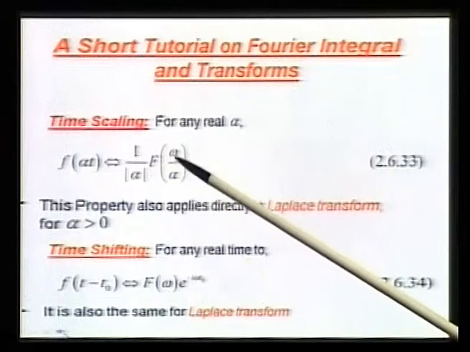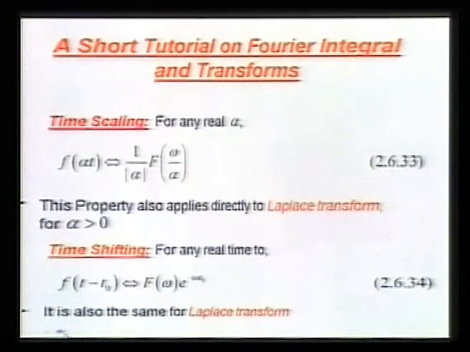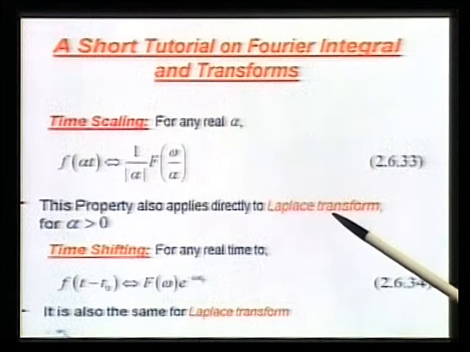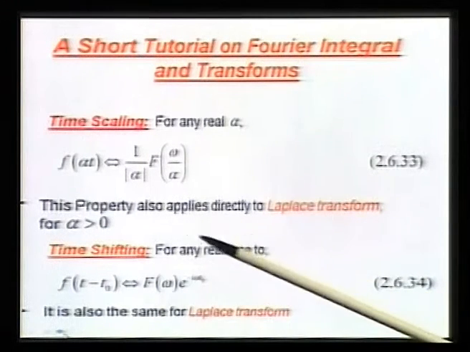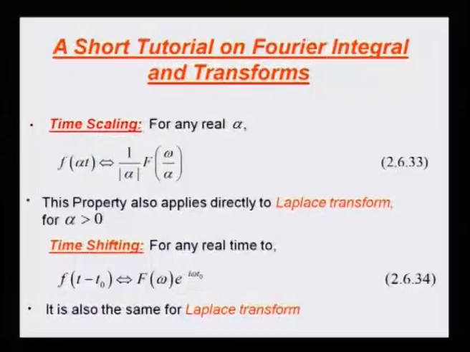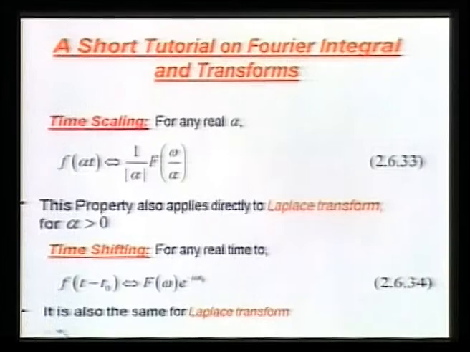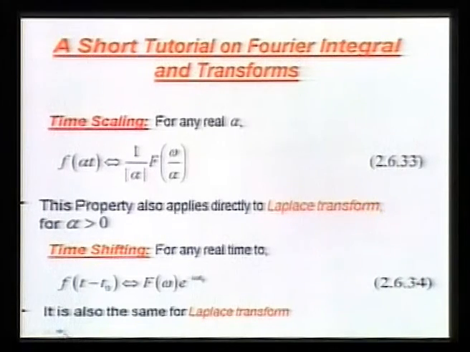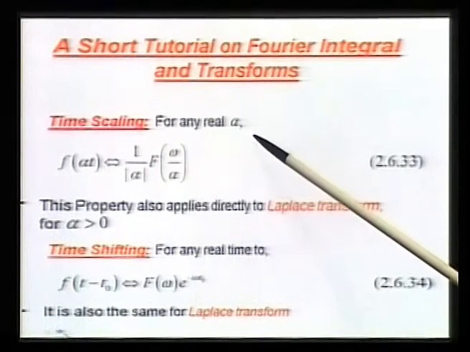So, that is essentially a fallout of this time scaling theorem. So, you can benefit from it, and this property also will directly apply to Laplace transform for alpha positive. Okay. Incidentally, you are looking at it that we are talking about alpha here is not that wave number, it is a real constant alpha.